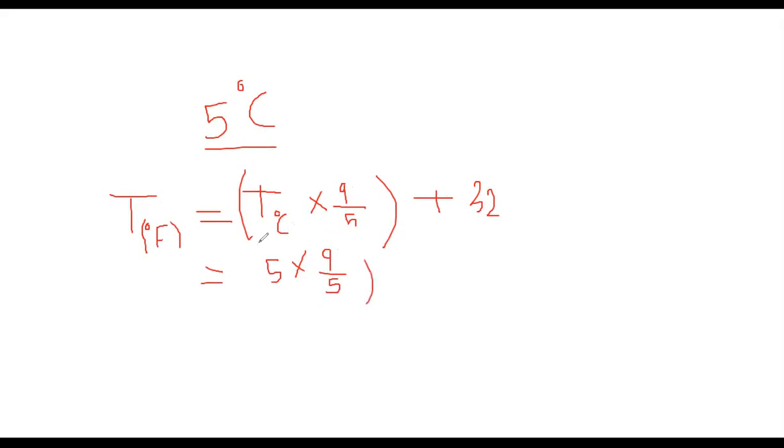Plus 32. 41. Okay, so we cancel these two numbers, they cancel each other. So 9 plus 32 is equal to 41, and you should write beside it degrees Fahrenheit.